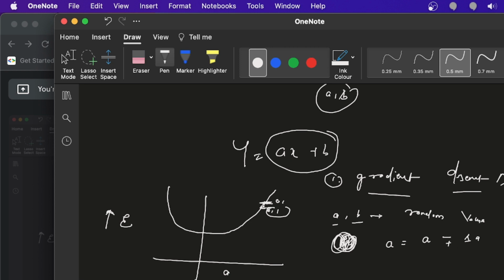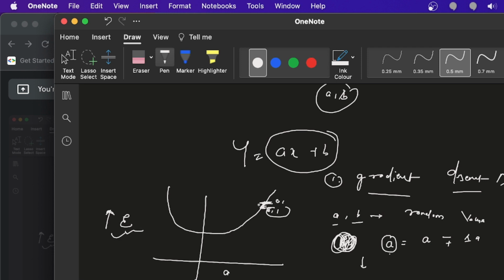Suppose this is a small, minor change, and your A will be updated, and then you will check with this A. If your E value is decreasing, it's good.